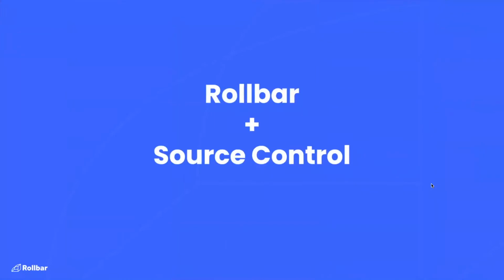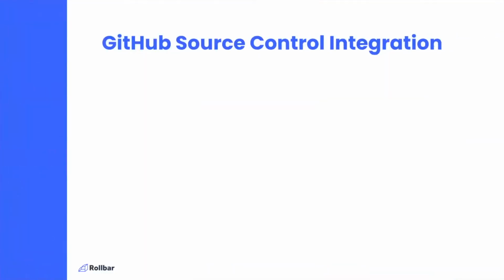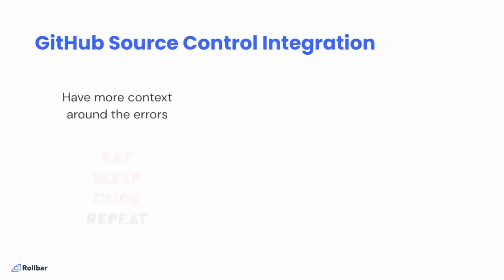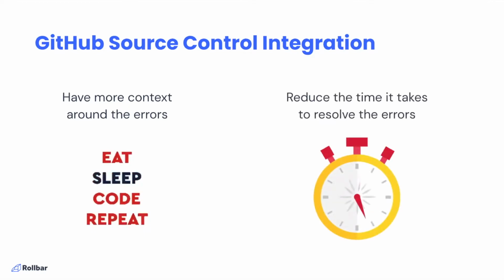All right, so first off, let's just introduce this integration a little bit more, about what we're going to be doing here. So the source control integration is going to give us better context around the errors that we see in Rollbar. When we report these things, it gives us an indication that something is wrong with the code, as long as we can pinpoint that to being a code problem and not something that's maybe wrong with the infrastructure.